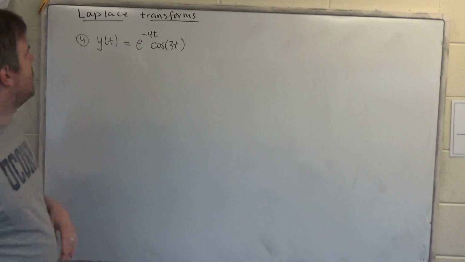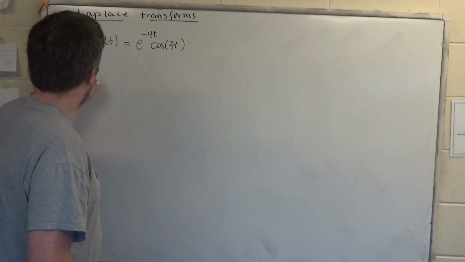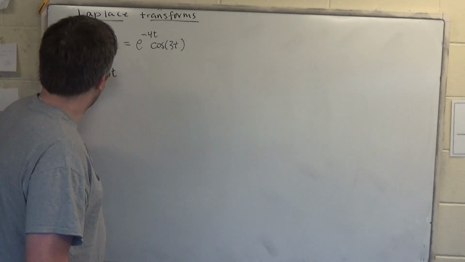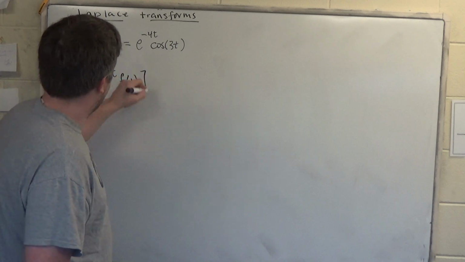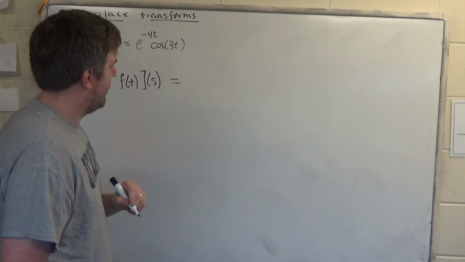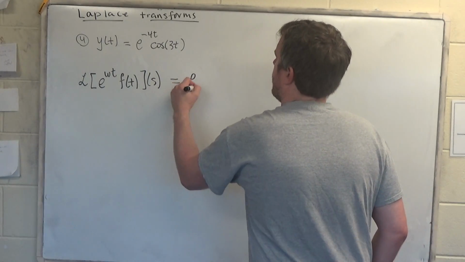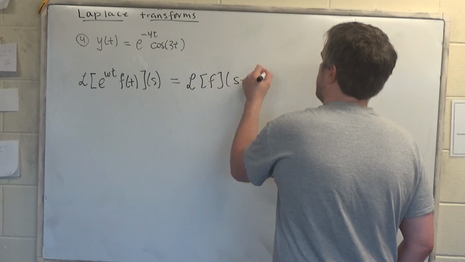If we peruse our chart, we find some rule which looks something like this. If we have e to the omega t f of t, this is the Laplace transform of f evaluated at s minus omega.